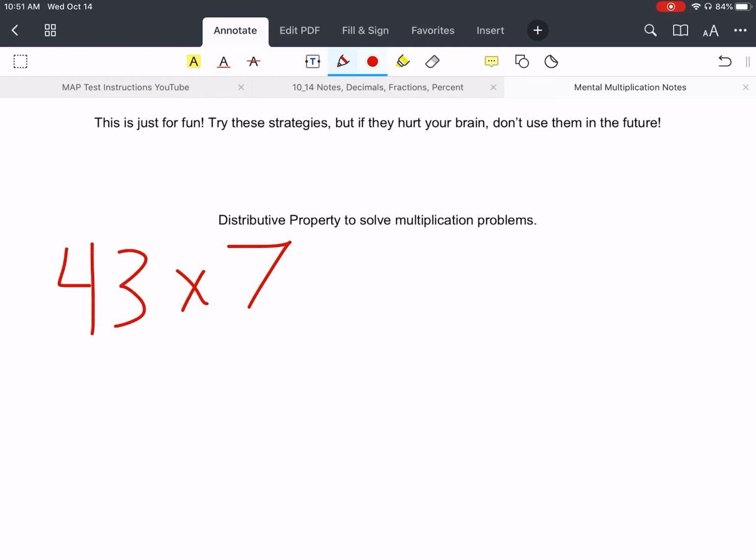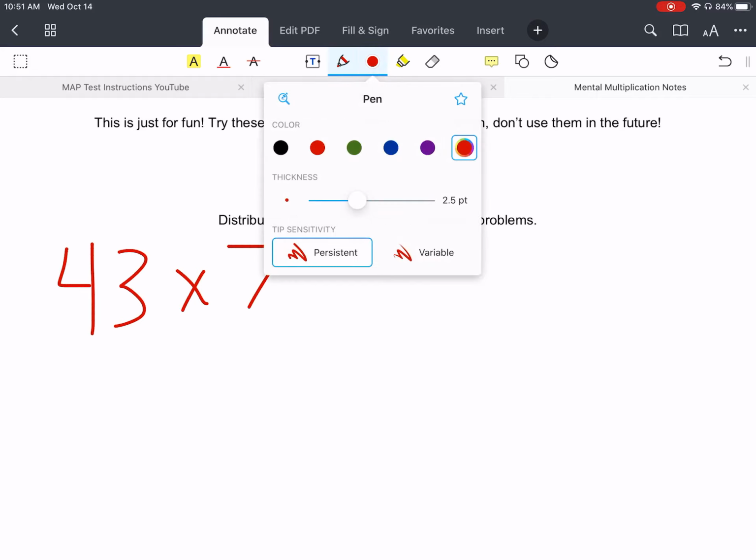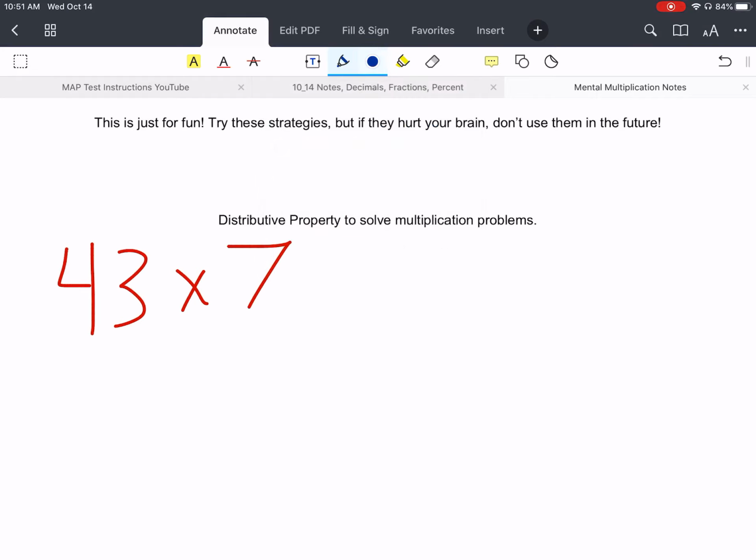So the distributive property is having us break apart the 43 into two logical pieces. Because when we do multiplication, this is saying that there are 43 sevens.